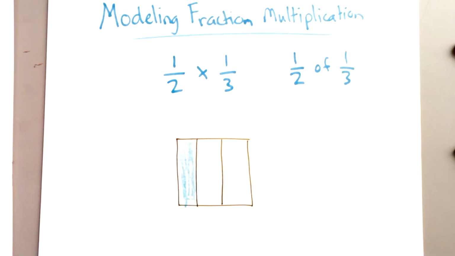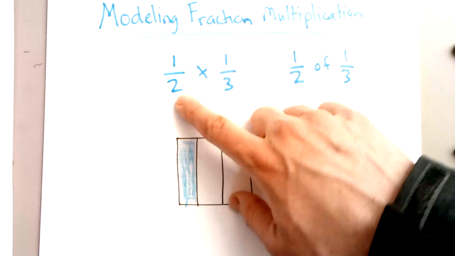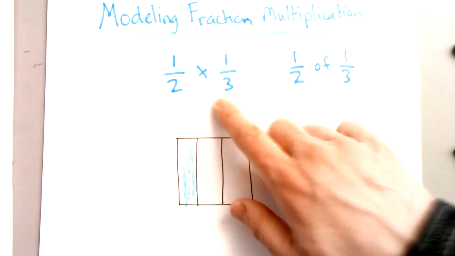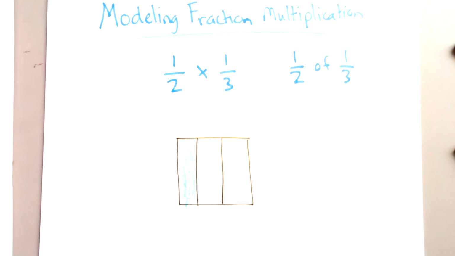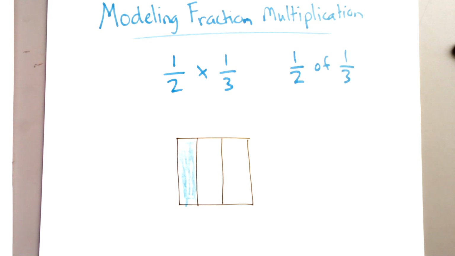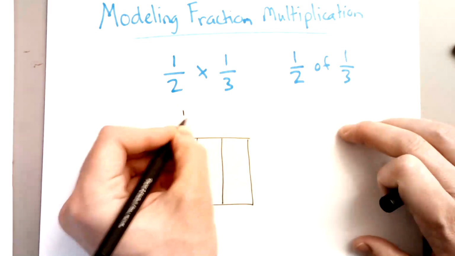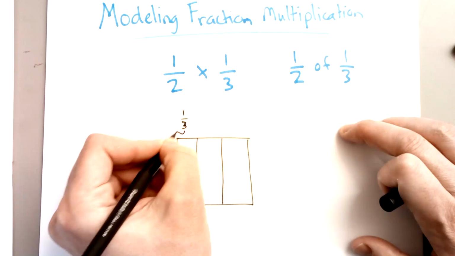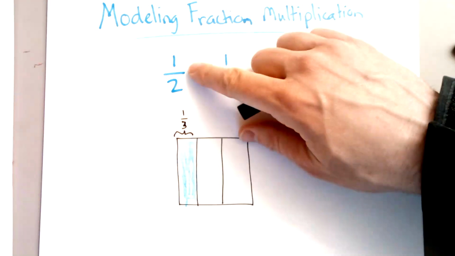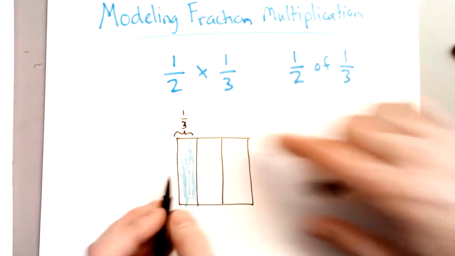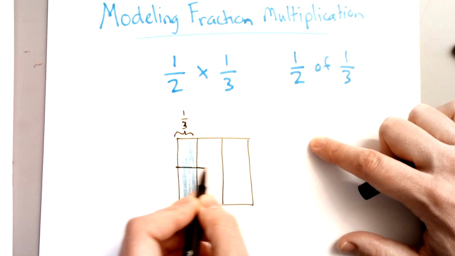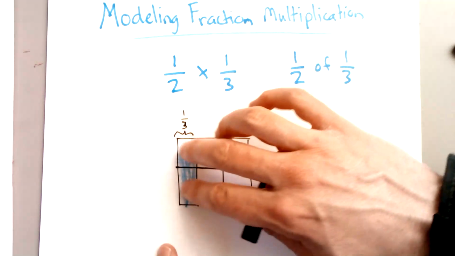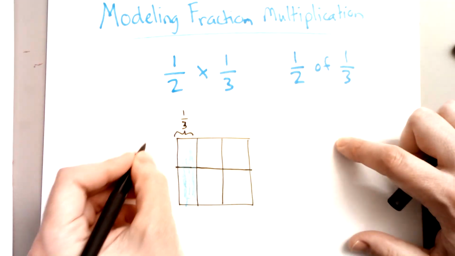But I don't get the entire 1/3. I only get half of it. 1/2 times 1/3 means 1/2 of that 1/3. So then I'm going to take, let me label this as the 1/3 here. So now I'm going to take this 1/2, and I only get half of the 1/3. So I'm going to split this 1/3 into 2 equal pieces.